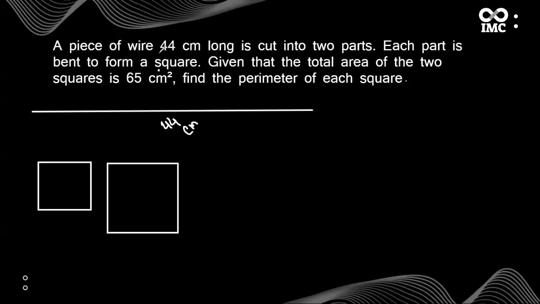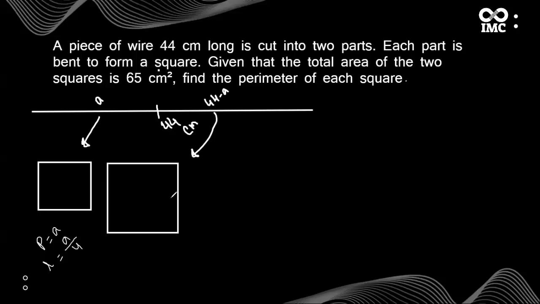So here, if we cut this 44 into two parts, then we can say if this one is A, then this one must be 44 minus A. Then the perimeter of the first square is A and the perimeter of the second square is 44 minus A. If perimeter is A, then length of this small square will be A by 4.